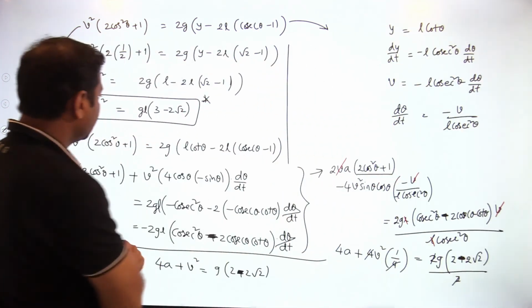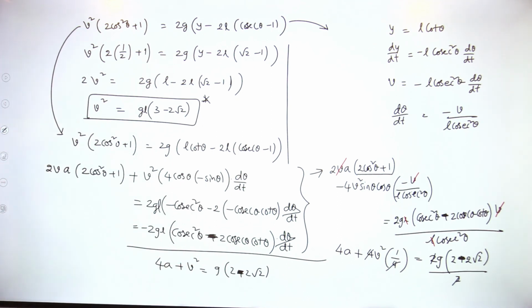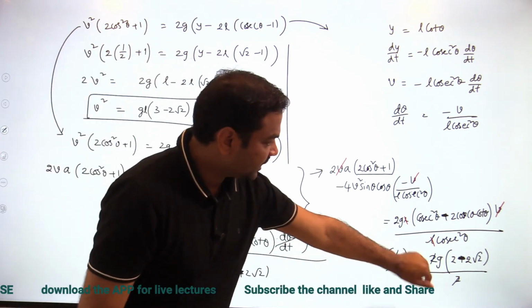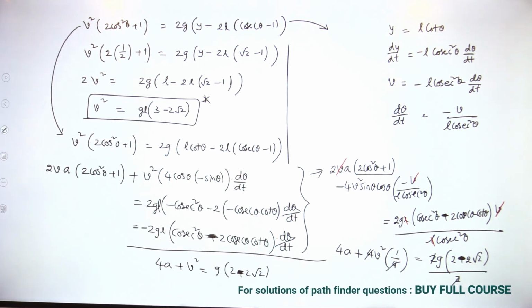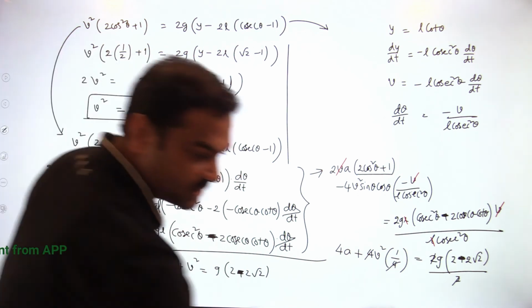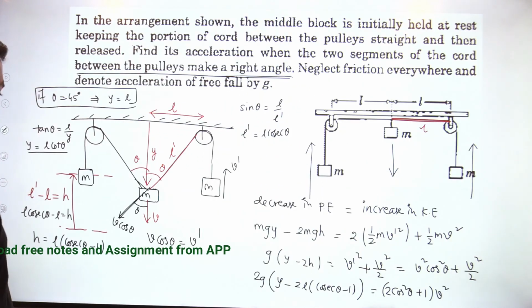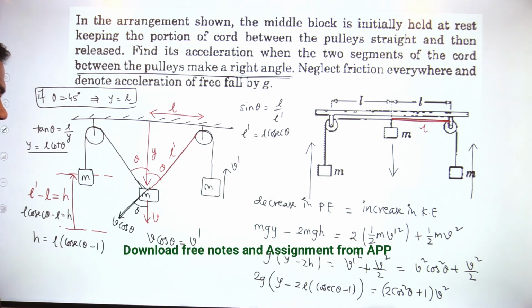So if L is not cancelling out, these two terms will cancel out, that's why you will get G only. So here the L term should be there. Verify once. I am not getting the L term here. I think L should cancel out somewhere. Why is it there? Okay, let me check in this expression. Why are we getting L?